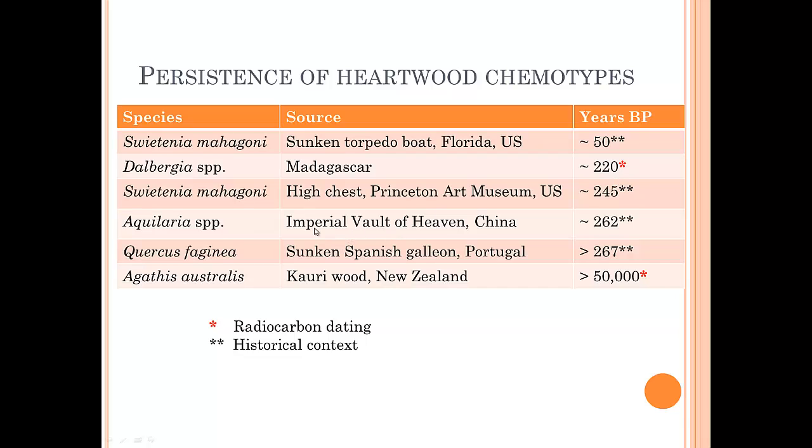We have had Aquilaria samples from the Imperial Vault of Heaven in China, 260 years. We've had samples of a sunken Spanish galleon from Portugal. This wood was underwater for roughly 260 years, and it turned out to be Quercus faginea. And lastly, we have Kauri wood, admittedly an oddball in this group, but over 50,000 years because of its preservation.